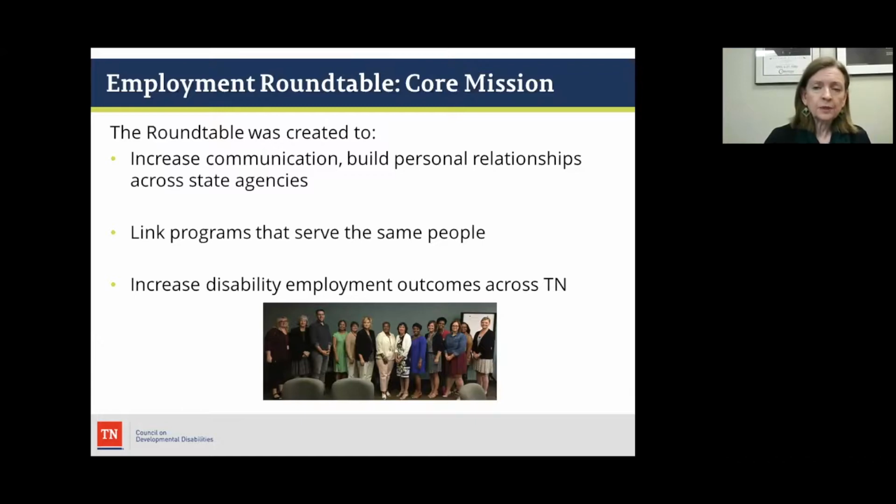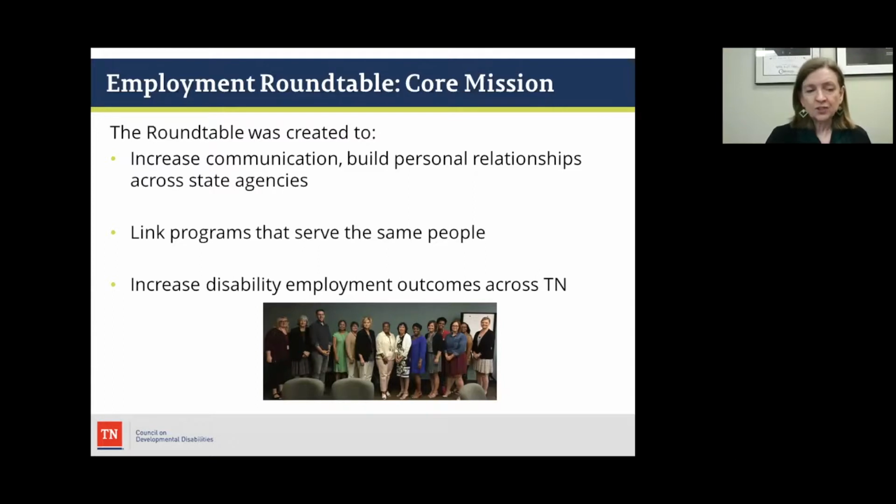And building personal relationships across the state agencies has really helped to make program administrators more likely to call each other when issues come up, or when maybe they have a customer in common. They're much more likely to reach out to each other.